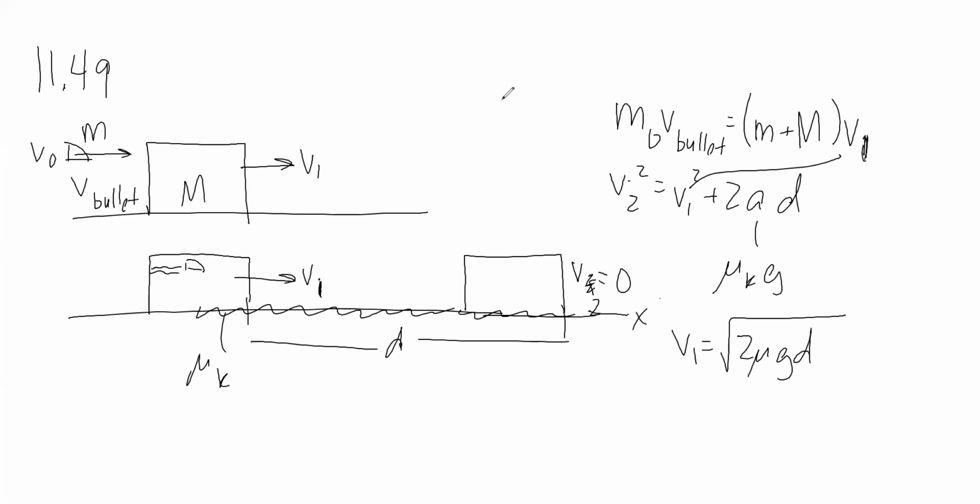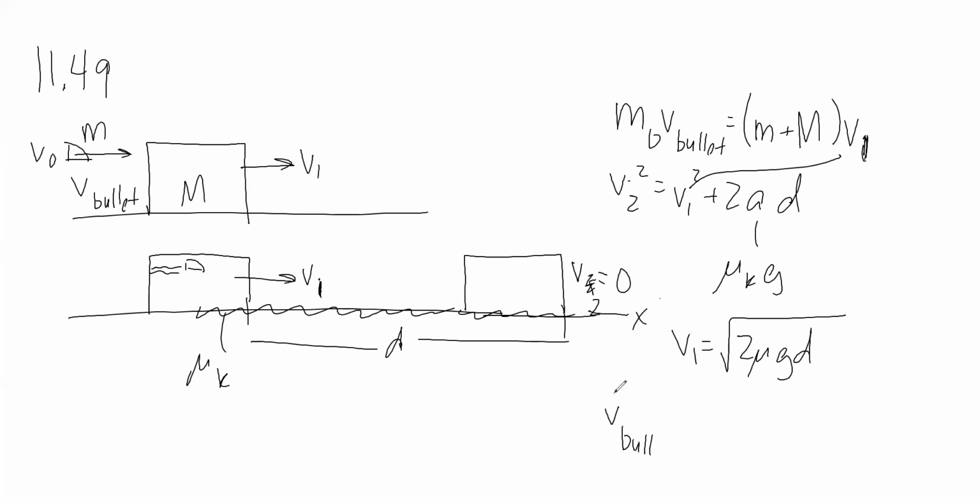But then you plug that into the final part of the momentum equation. And then it looks to me like you can just divide by the mass of the bullet to get the final result, which is the initial speed of the bullet.